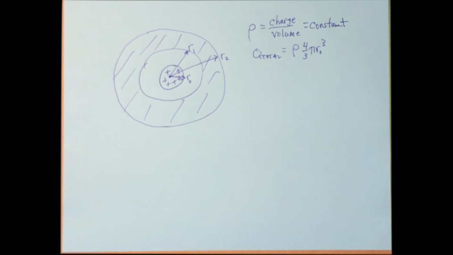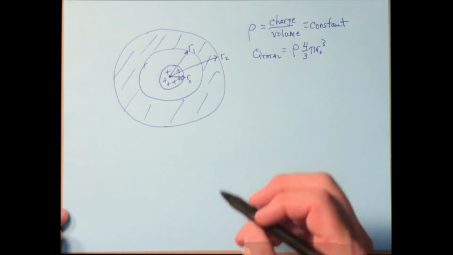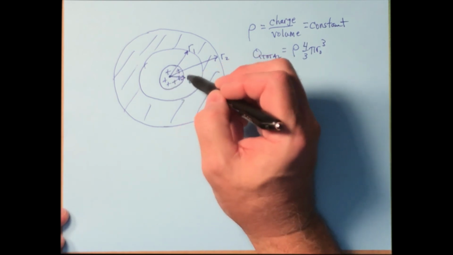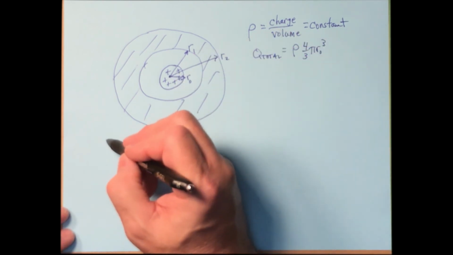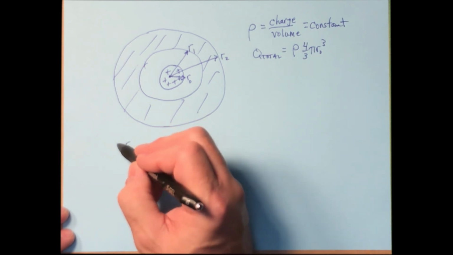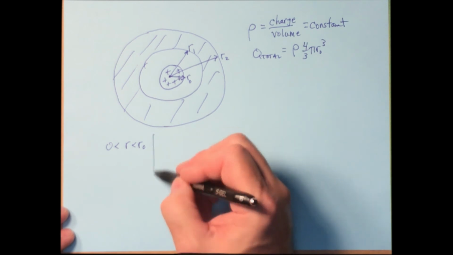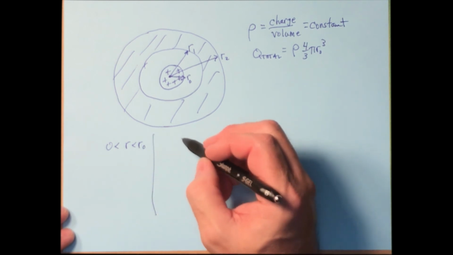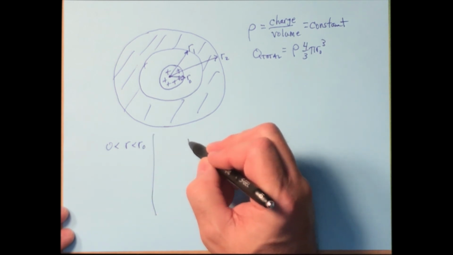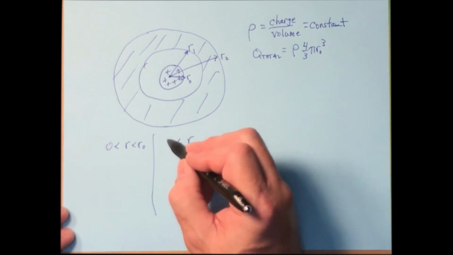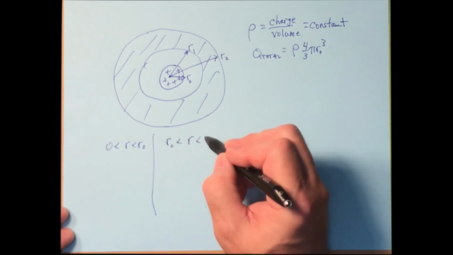All right. Well, we want to divide this up into sections so that we can work it. So we need to do this in pieces then. Let's first of all do the interior portion. So we'll have a variable r that is somewhere between 0 and R0. We'll need to work it once for that. And then we'll have a variable radius that's somewhere between R0 and R1.